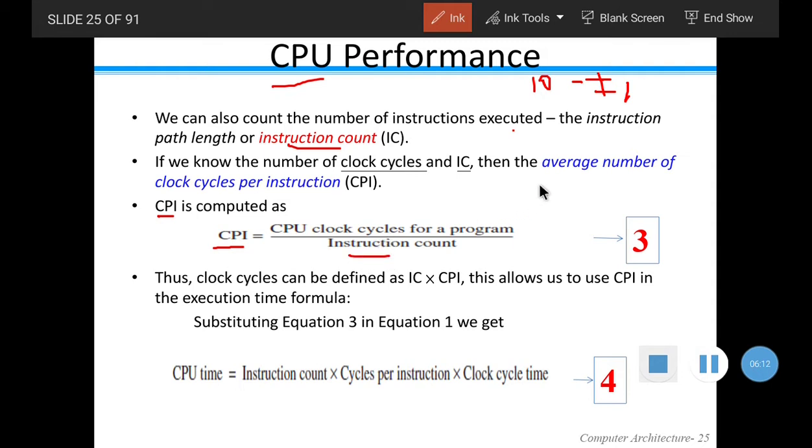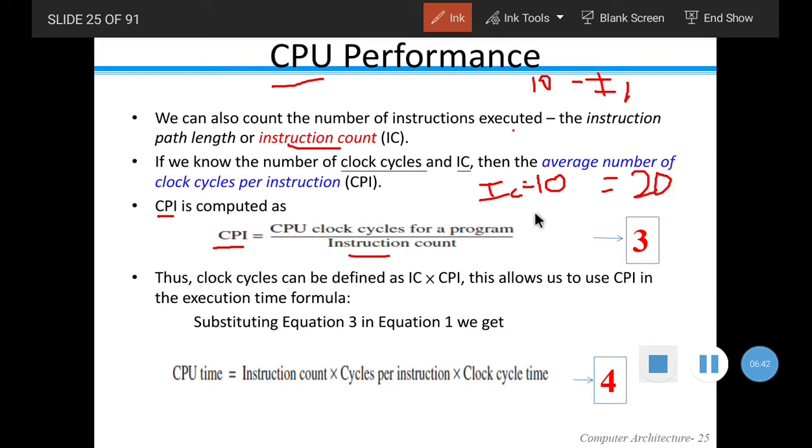Think that there are 10 instructions, so instruction count is equal to 10. Then think that the CPU clock cycles for a program is 20 clock cycles.